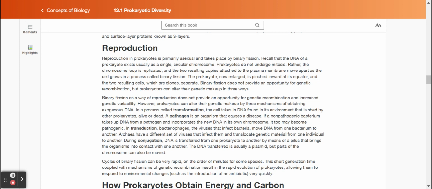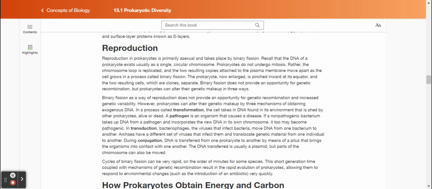A pathogen is an organism that causes a disease. If a non-pathogenic bacterium takes up DNA from a pathogen and incorporates the new DNA in its own chromosome, it too may become pathogenic. In transduction, bacteriophages, the viruses that infect bacteria, move DNA from one bacterium to another.